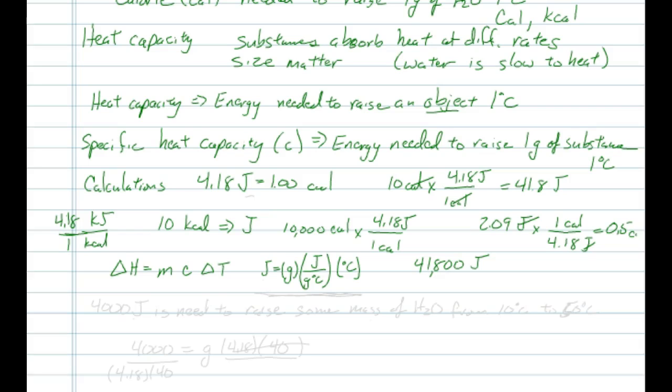So if you have a problem where 4,000 joules is needed to raise some mass of water from 10 degrees Celsius to 60 degrees Celsius, maybe at 50 degrees Celsius.